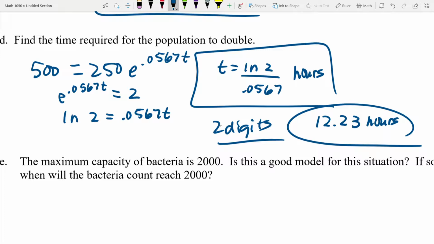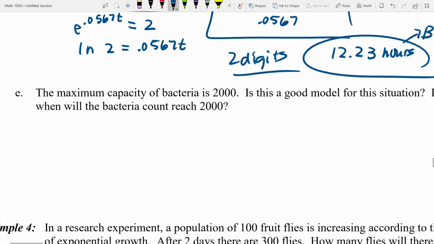Now I've got this one stored in as B, and this one stored in as A. To check it, I'm going to do this: 250, second ln, B, A, close it, enter, 500. So easy to check these. Who says I'm good? Okay, yay.